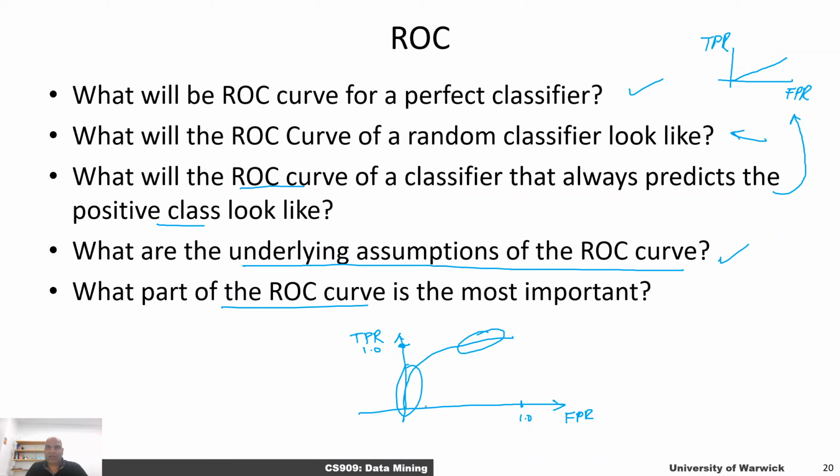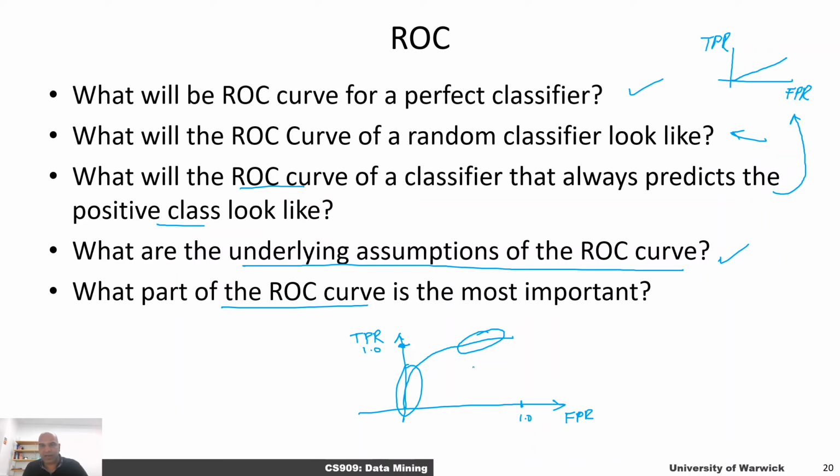So in certain settings, we want very few false positives with a very high number of true positives, or we want a very small false positive rate and a very high true positive rate. But I want you to think of scenarios in which we really want a very low false positive rate and a very high true positive rate.